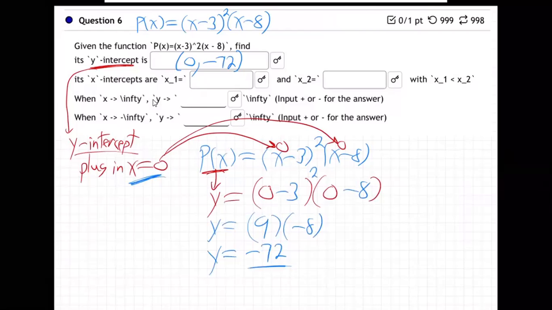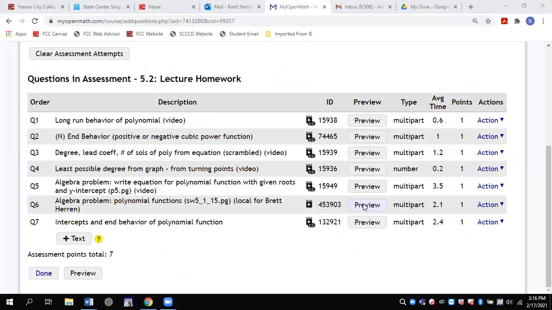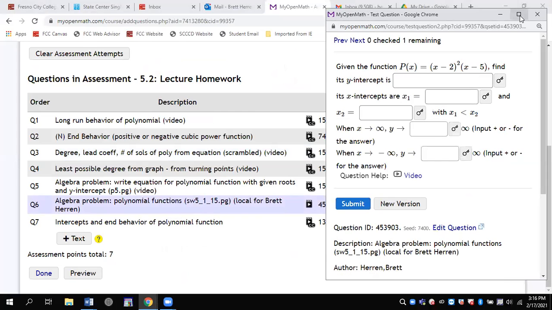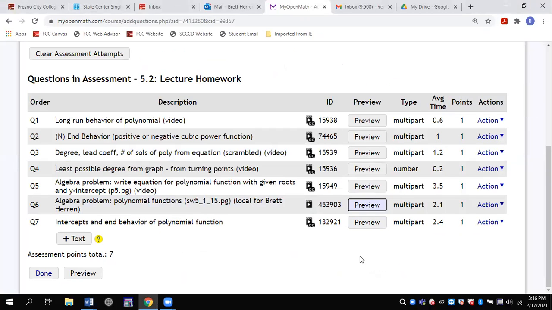Let me double check on the real question that that's exactly how they do number 6. Oh no, they just want the number. Okay, I didn't realize that. They just want the number this time, and they just want a plus or minus there. So this one, they just want numbers. All right, so they change it up. On the exam, it won't be a problem. It'll be multiple choice, and you'll be able to tell what's going on.